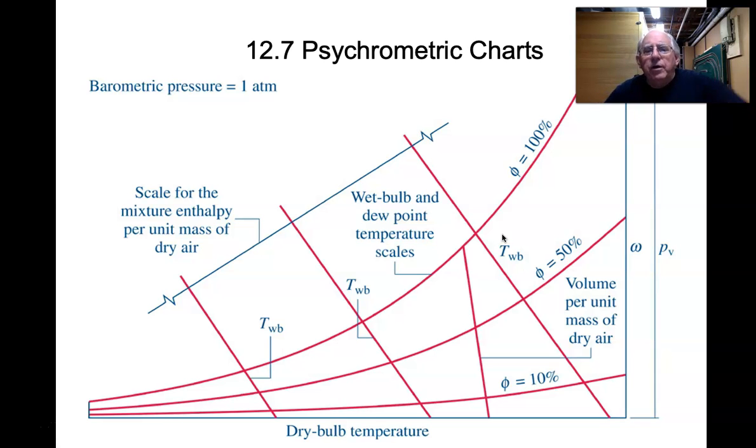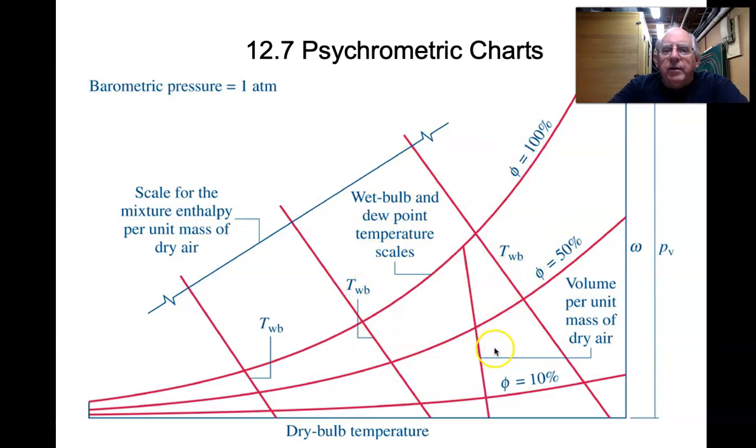We have some other lines on the psychrometric chart, and one of them is the wet bulb temperature. Again, the wet bulb temperature is the temperature that we have if we saturate the air, allowing the air to obtain a lower temperature because it's saturated to 100%. How do we get that particular value?